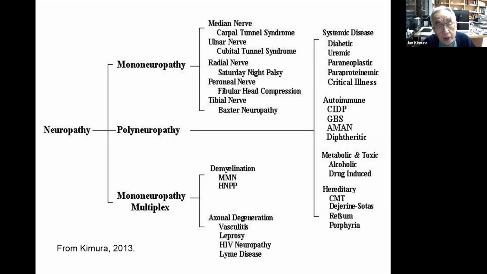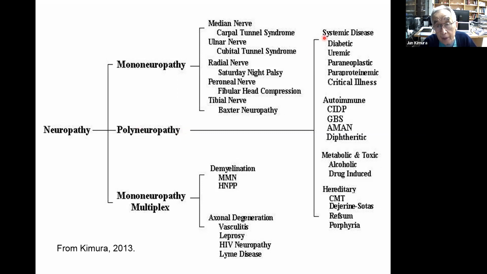So polyneuropathy usually means all the nerves, and it also implies two things. One is it is usually symmetrical, although there are certain important exceptions. And the second, it is length dependent, meaning the longer the nerve, the more affected.